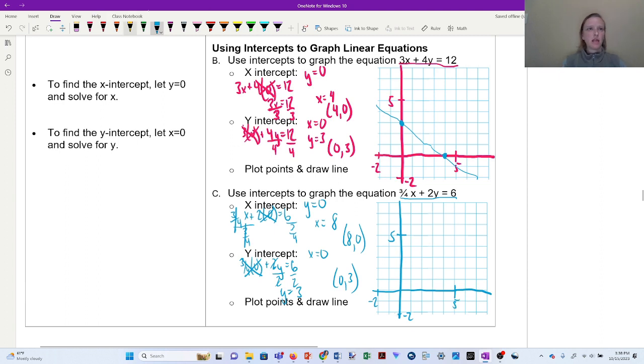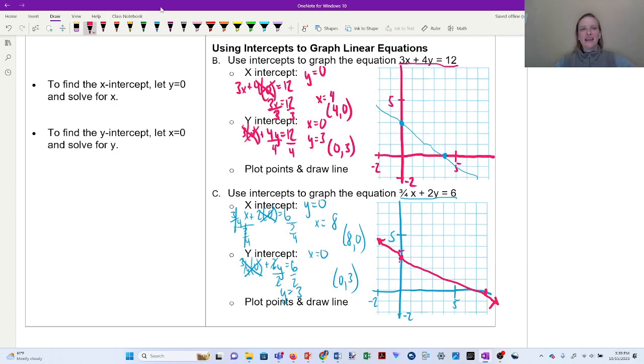And I can plot a point at (8, 0), which is up here, and (0, 3) is right here. Once again, if I try to draw a straight line between those, so close. Again, with a ruler on your own, if you can. But 2 points determine a line, and you can draw a straight line between those 2 points.